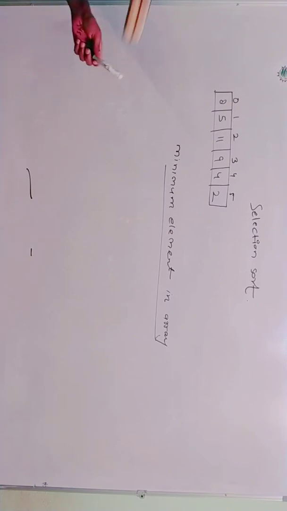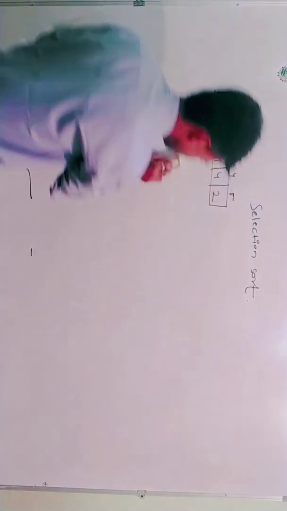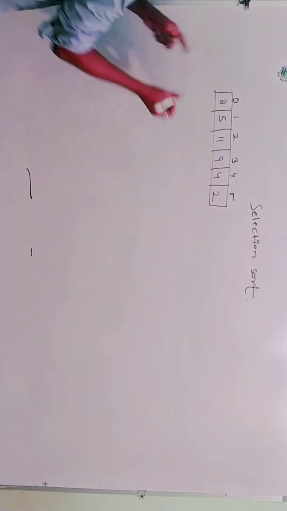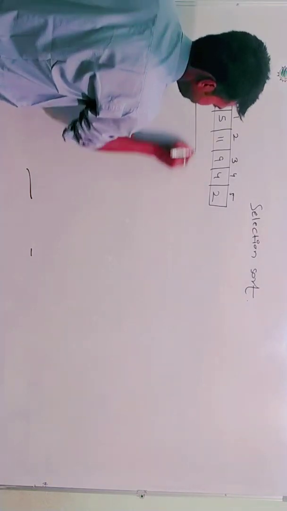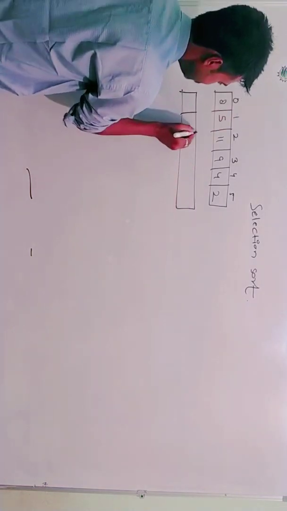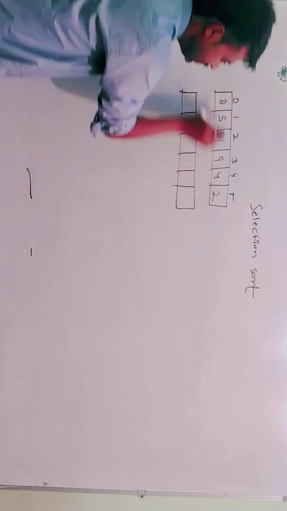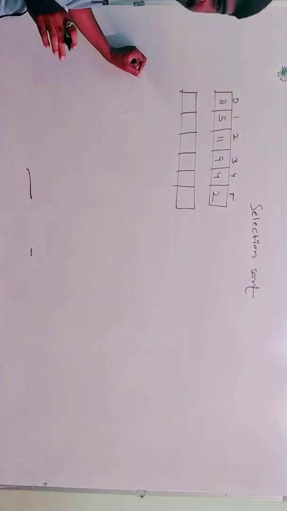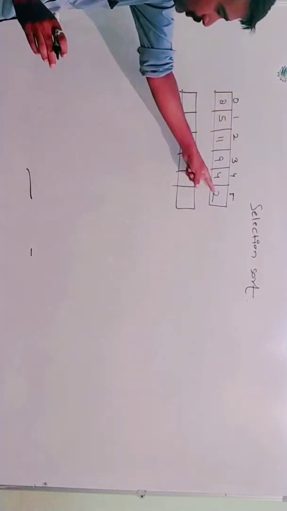For example, what is the minimum or smallest element in this array? I think 2.